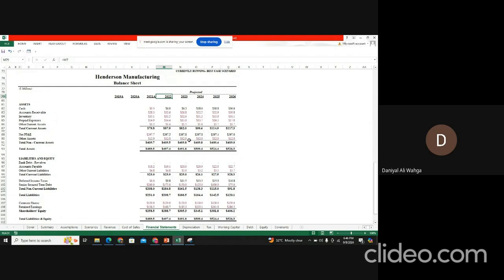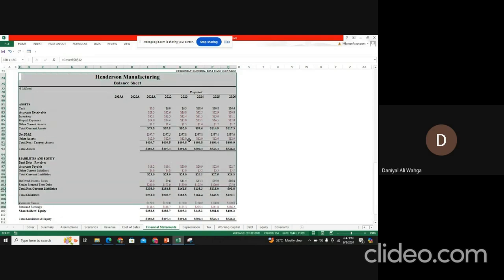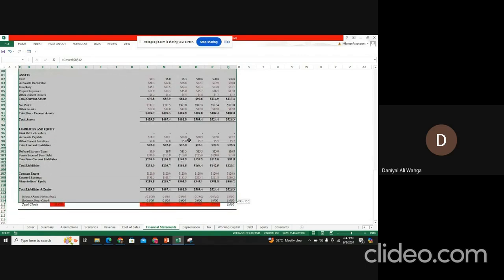We're going to add a new sheet. For this, I'm going to refer to my workings, Control C, and then I'm going to add a new sheet.